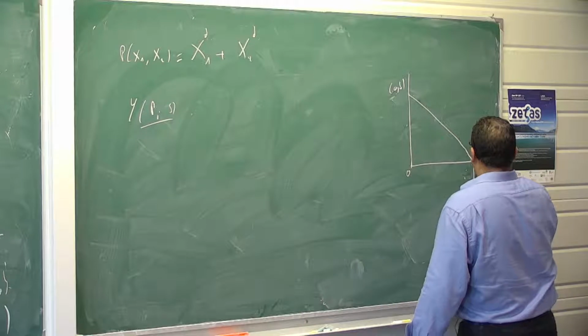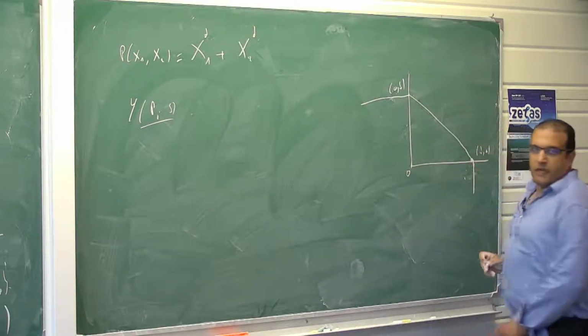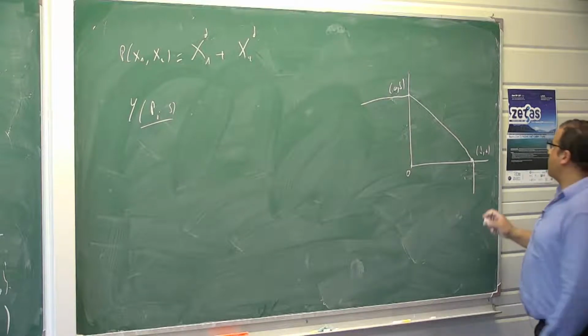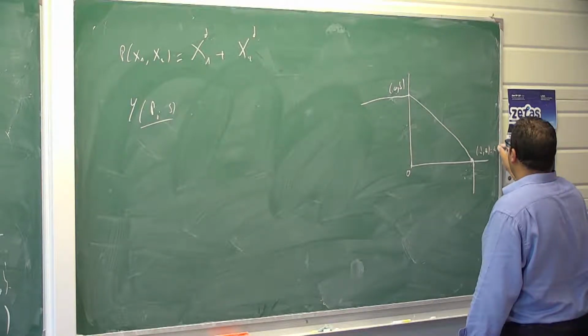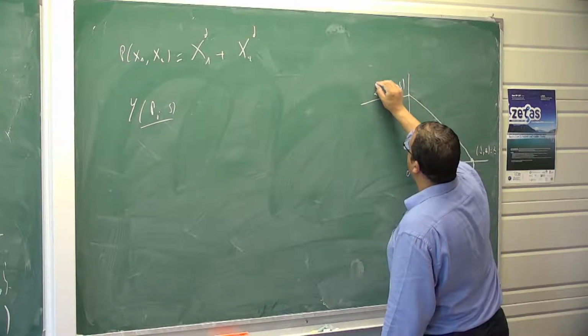And so this is the Newton polyhedron. So you have two vertices, vertex alpha 1 and another vertex here, alpha 2.